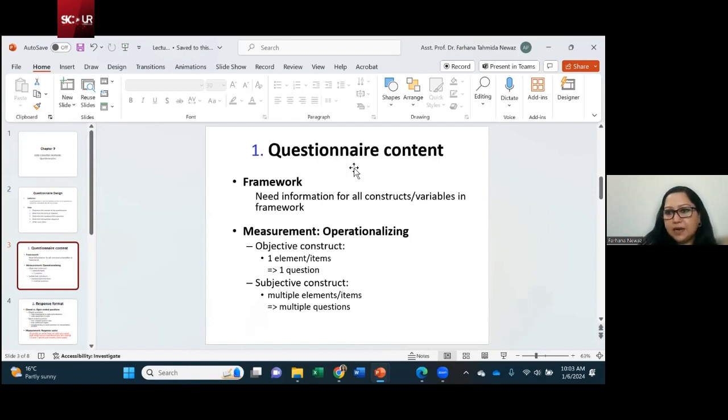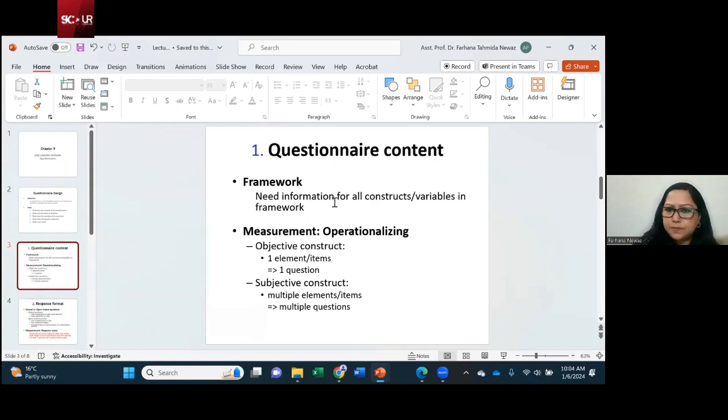So when you start developing your questionnaire, the first step is to refer to your conceptual model. Then you will already know what information or questions you need in your survey questionnaire.